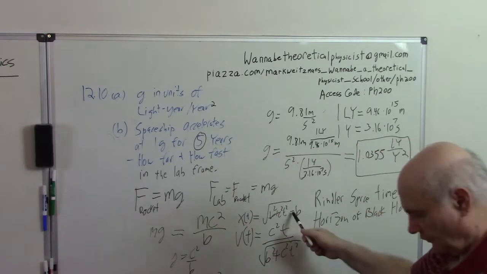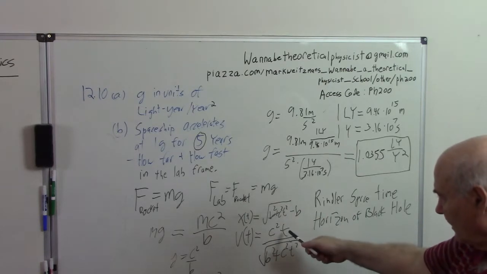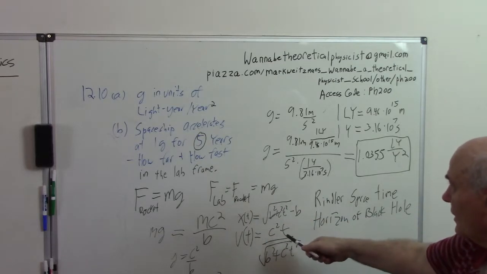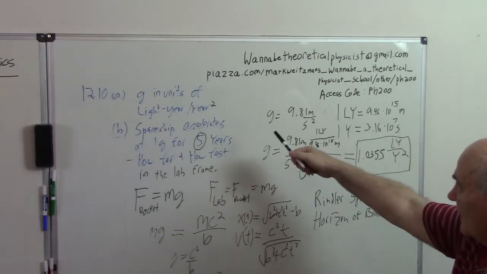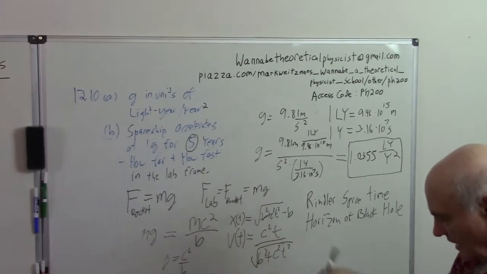So if in these formulas we substitute b as c squared over g, we'll get the formula. Then substitute c equal 1, because the velocity of light is 1 light year per year, and t is 5.